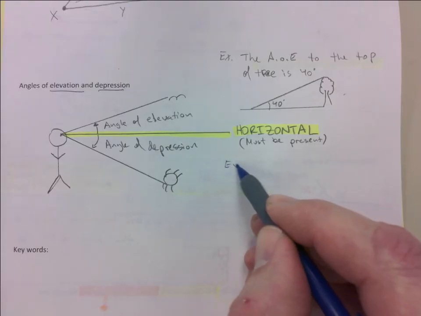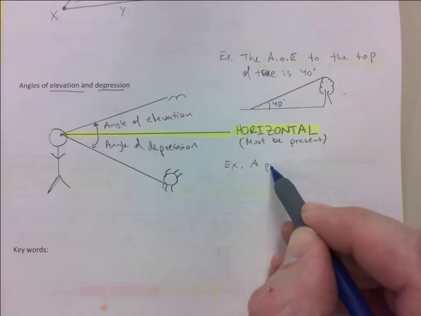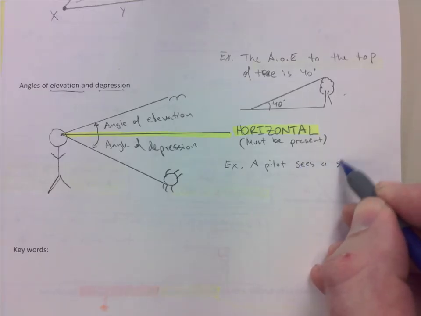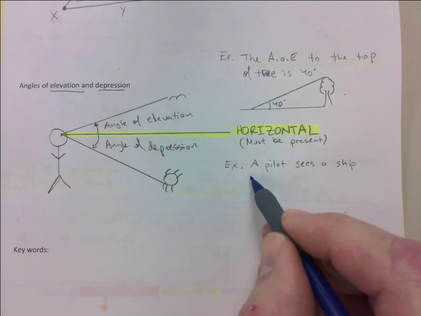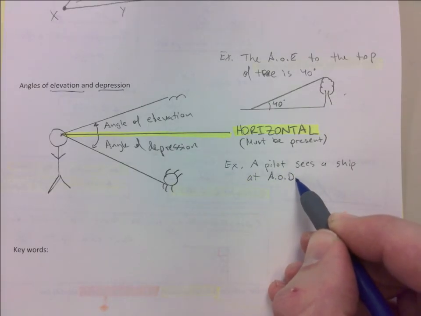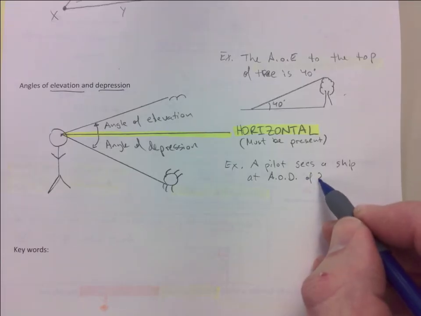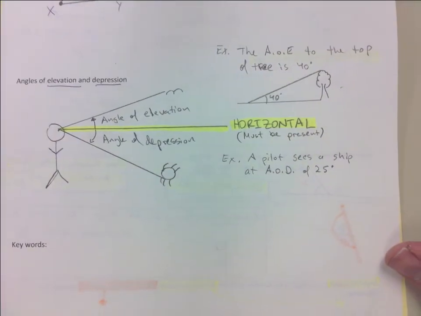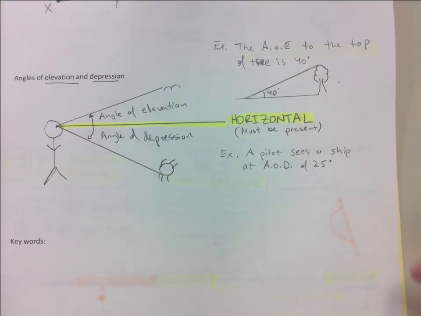Another example for depression. A pilot sees a ship at an angle of depression of 25 degrees. How would you sketch that triangle?